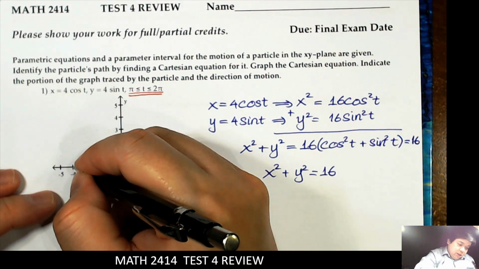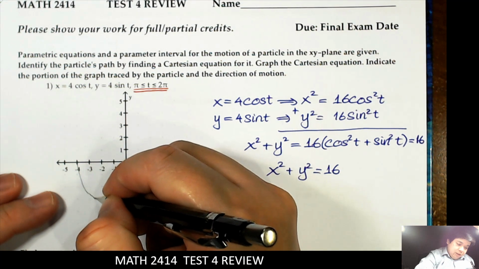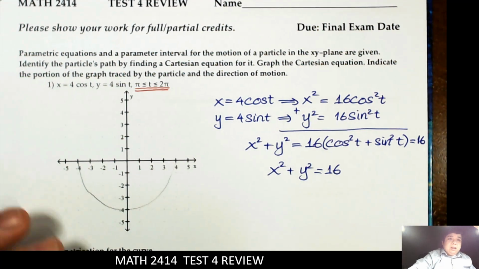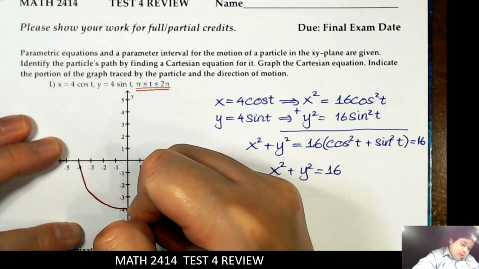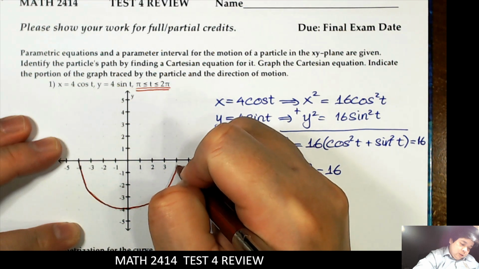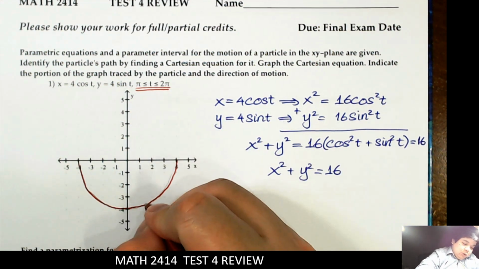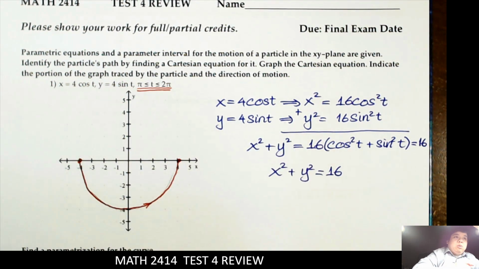So if we have a circle, this time we only have the bottom half. It will be that, and it goes from pi to 2 pi, so it will be in this direction. This is the starting point, and this is the end point. So that's what we have.